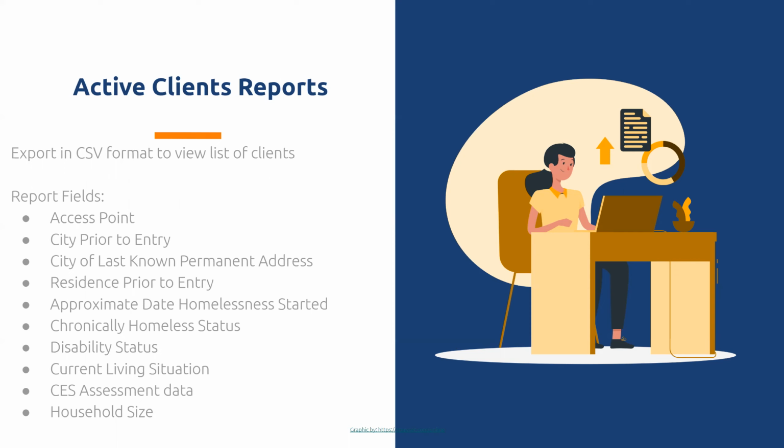So you want to pay attention to the access point, city prior to entry, city of last known permanent address, residence prior to entry, approximate date homelessness started, chronically homeless status, disability status, current living situation, CES assessment data, and finally household size. All of these report fields go into determining housing for your clients. So you want to make sure that this information is accurate.